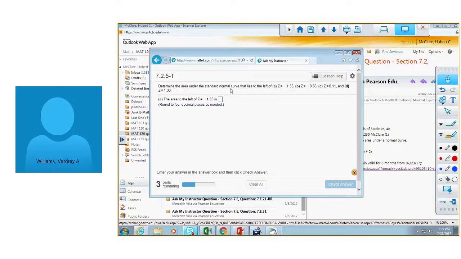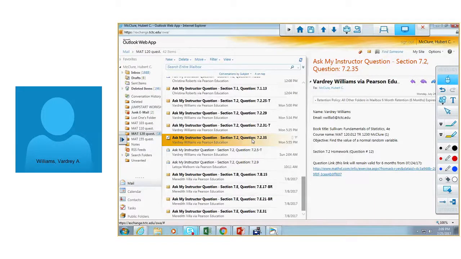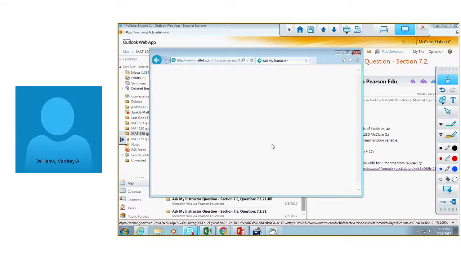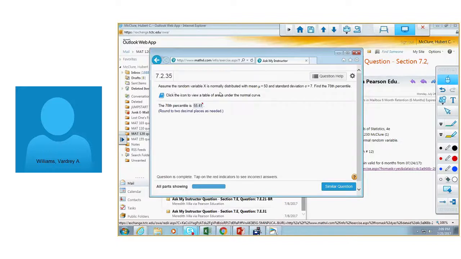Determine the area under the normal curve that lies to the left. We did one like that one. Okay, here's one like we've done before, but I want to go over this one because y'all haven't used the inverse norm button that much. So go ahead and do it again.